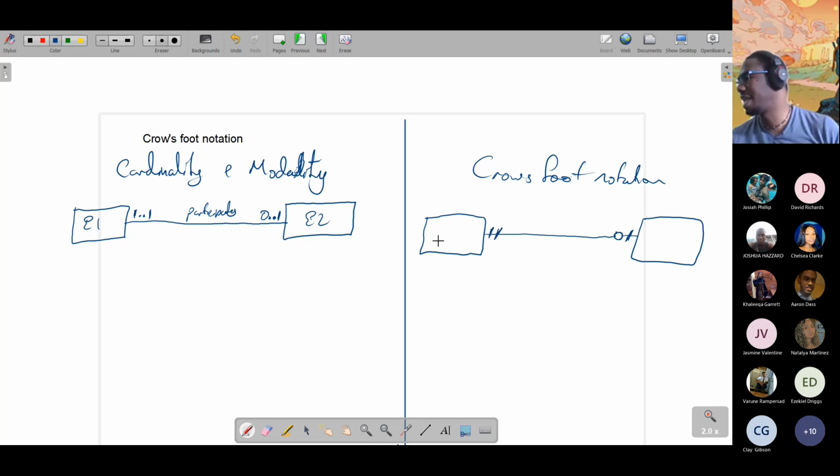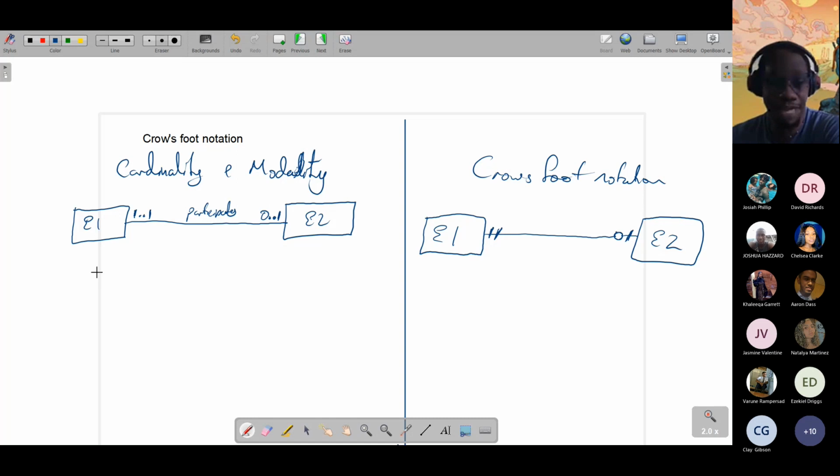So what does this say? This is telling me the same thing that I have here, that entity 1 may or may not have an entity 2 associated with it, but the maximum amount of entity 2s that could be associated with entity 1 is 1. The entity 2 must have one and only one entity 1 associated with it.